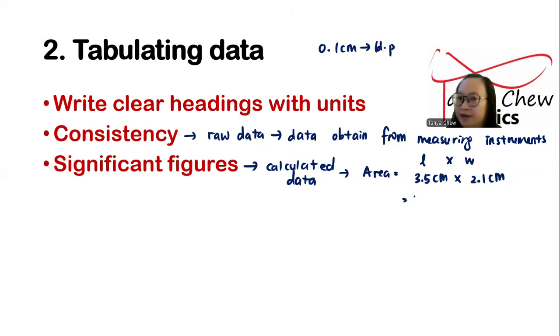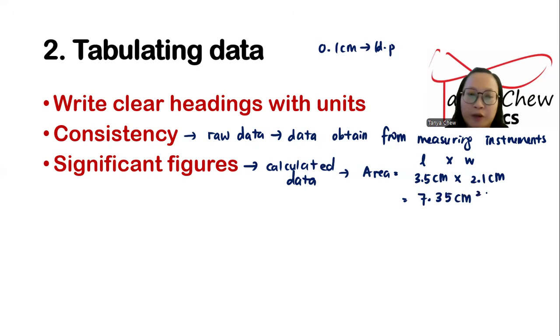You look at the length and the width: because they are measured by using a meter rule, you have to record them in 1 decimal point. But area is the calculated data because I'm now using my calculator, 3.5 times 2.1. It is 7.35. So the answer given from the calculator is 7.35 cm squared.